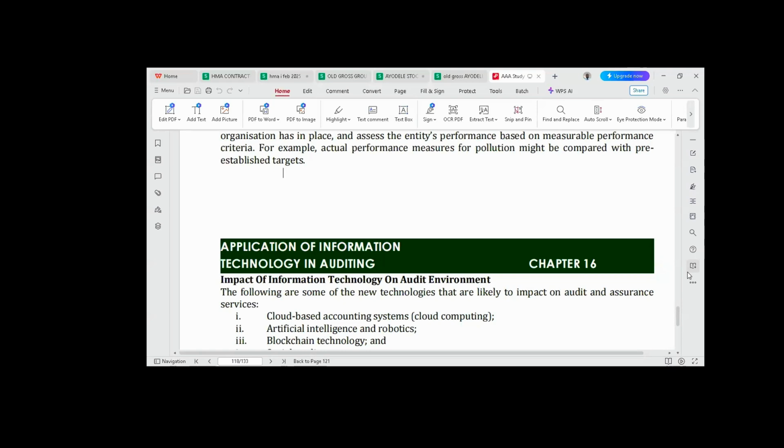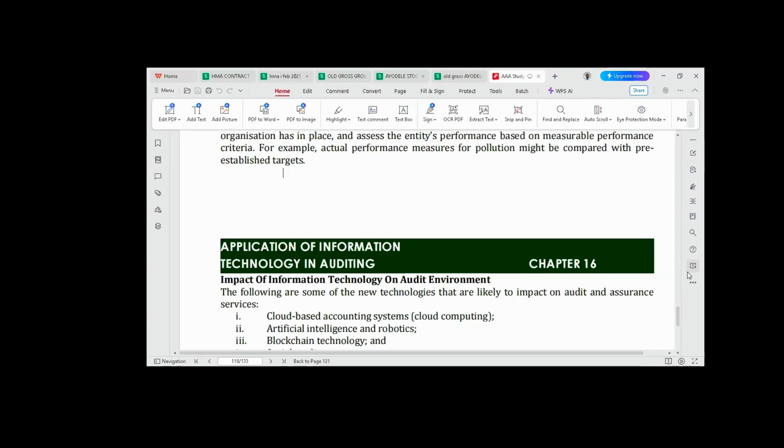So that's why some of these things will sound strange when we start, but I'll try as much as possible to break it down and make it relatable to every one of us. And if you have any question or you need clarification, you can easily ask in the course of the lecture, okay? And I'll be available.